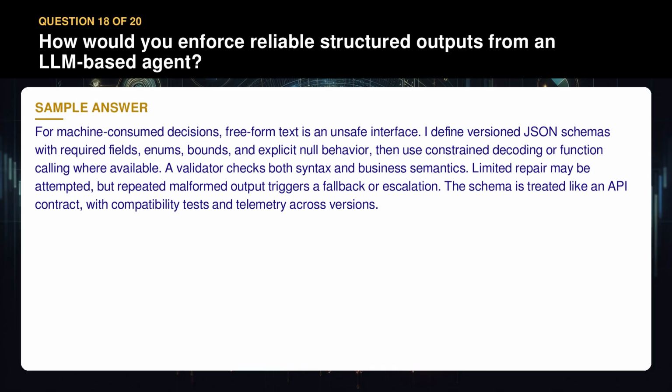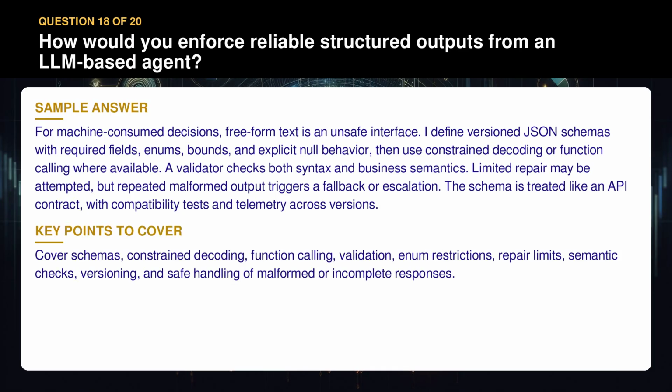Limited repair may be attempted, but repeated malformed output triggers a fallback or escalation. The schema is treated like an API contract, with compatibility tests and telemetry across versions. Cover schemas, constrained decoding, function calling, validation, enum restrictions, repair limits, semantic checks, versioning, and safe handling of malformed or incomplete responses.